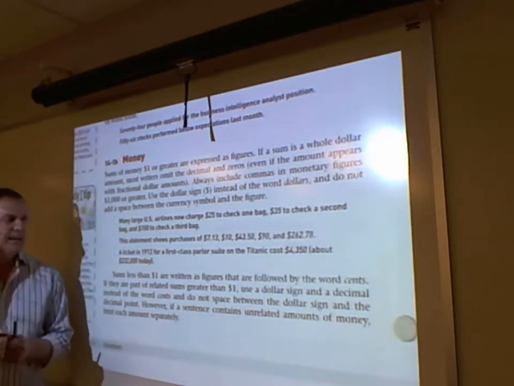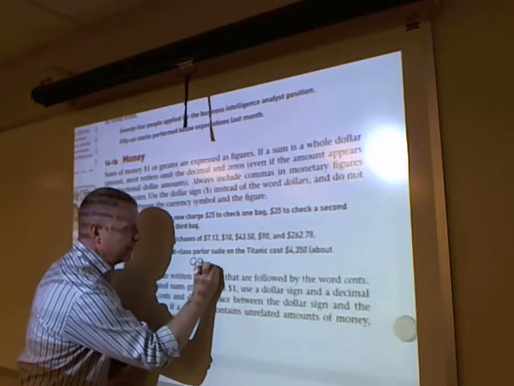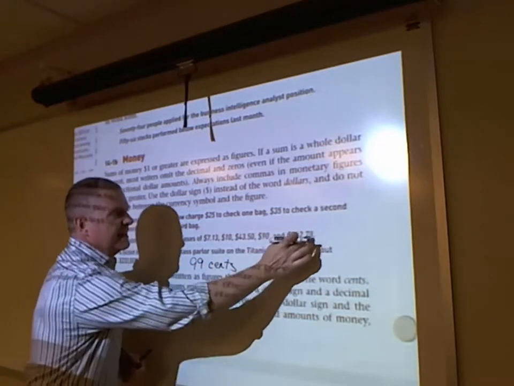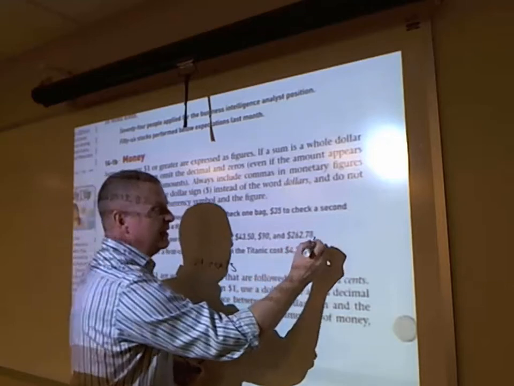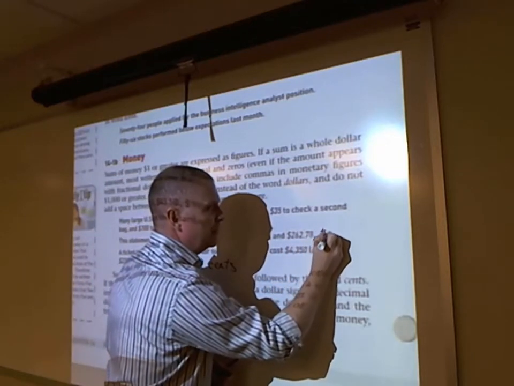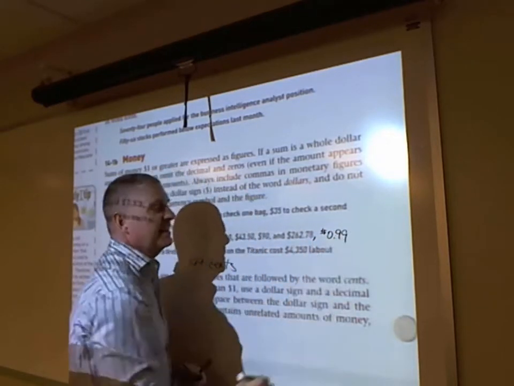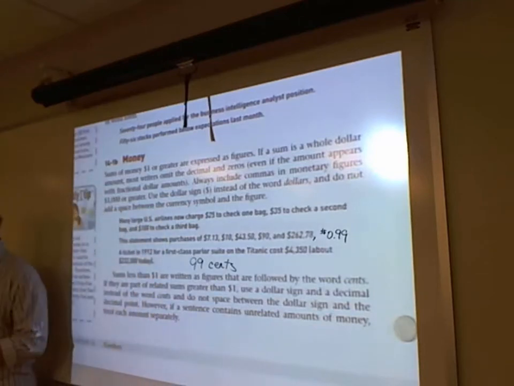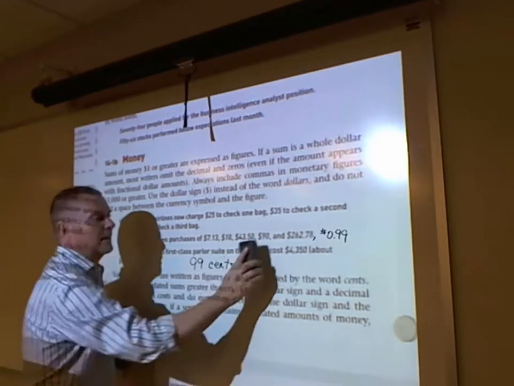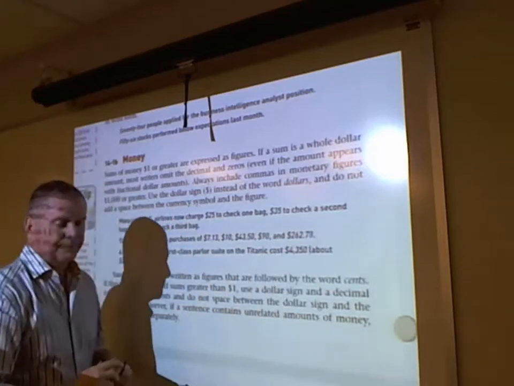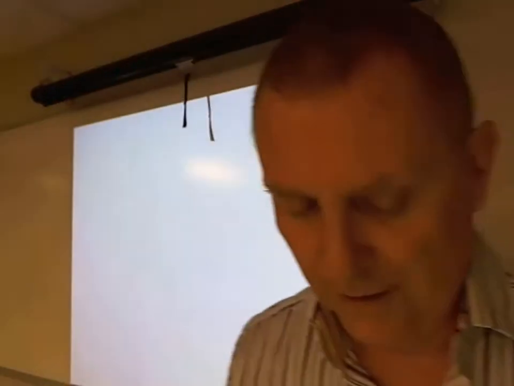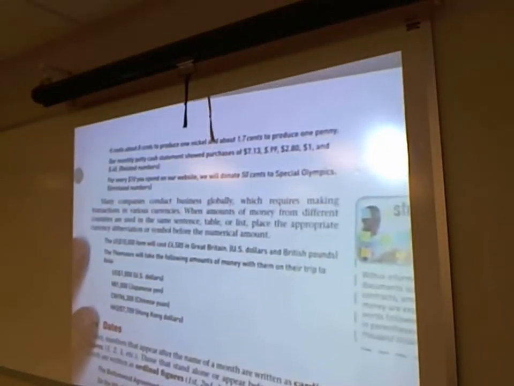But if this were an item in a series, then you would write $0.99 to indicate 99 cents. I believe they did that on this one. It costs about 8 cents.